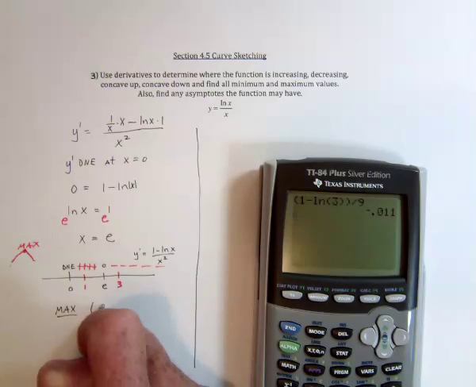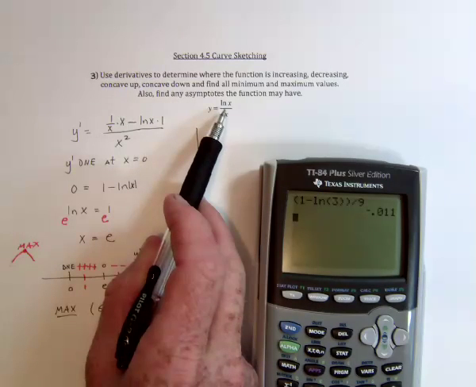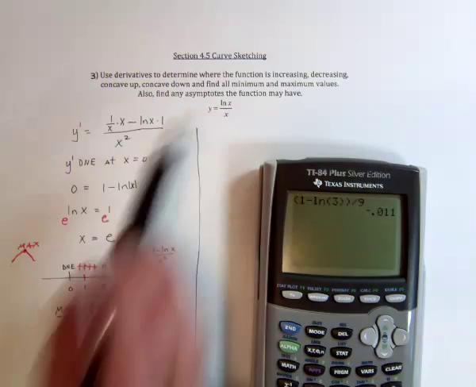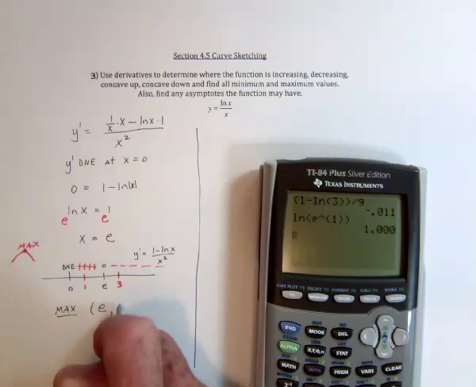So e, and then substitute to find out what the y value should be. Well, natural log of e, that's 1. They cancel each other out. Natural log of e to the 1. So that would be a 1 divided by e. So there's the maximum value.